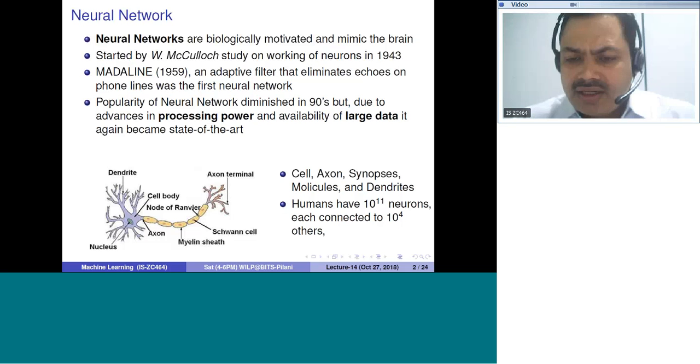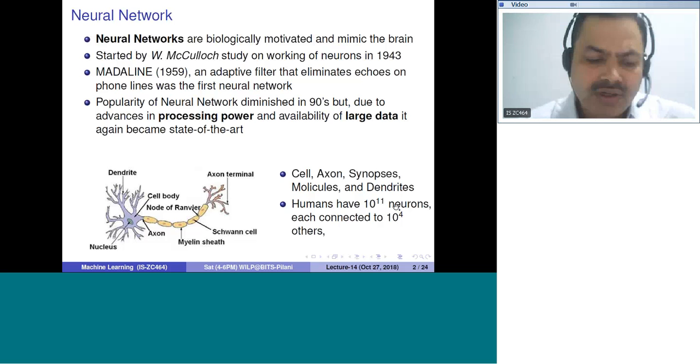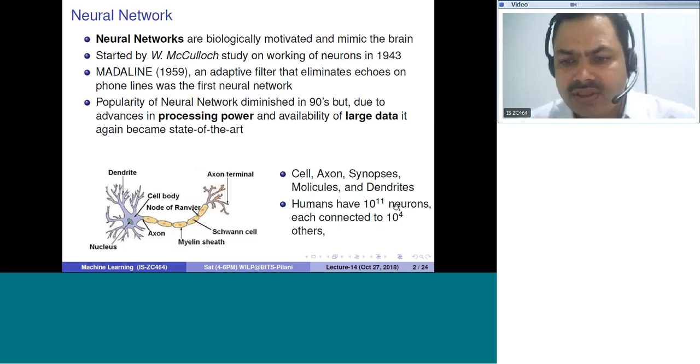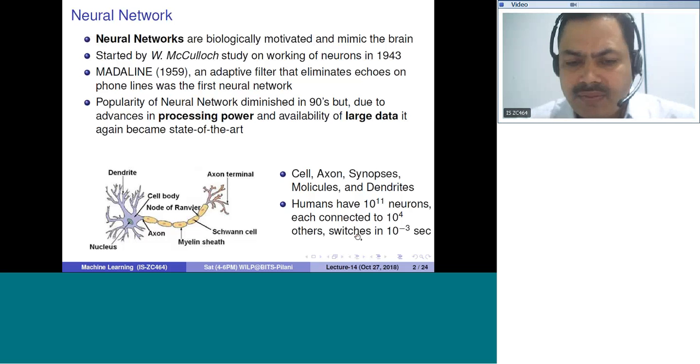Each neuron is connected to 10 to the power 4 other neurons, meaning 10,000 other neurons on average, which is also a very big number. The computation we do on machines is far less than these connections, so we are lagging behind in this computation possibility.